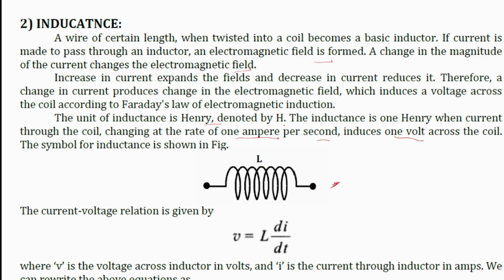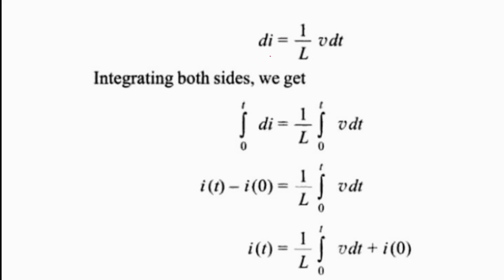This is the symbol for the inductor, and the voltage-current relation for the inductor is V equal to L di by dt. Here V is the voltage across the inductor in volts, and I is the current through the inductor in amps. You can write this equation in a different way by applying integration on both sides.